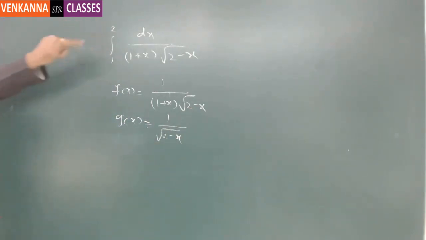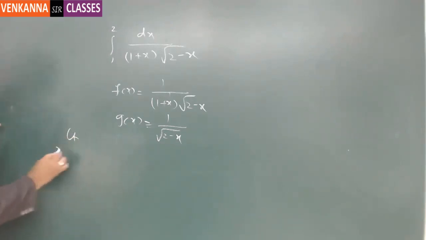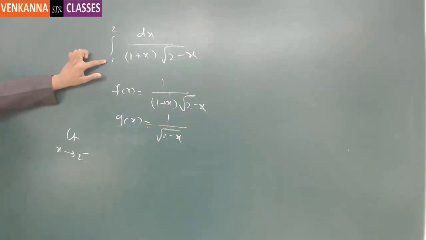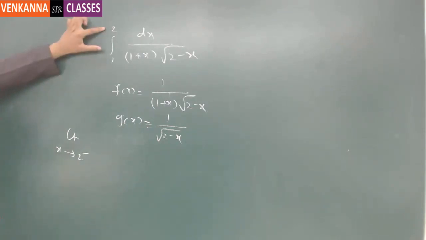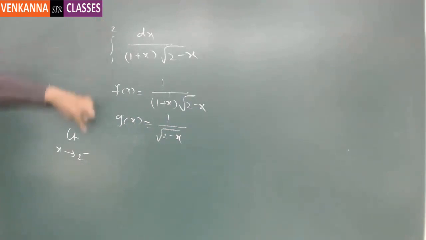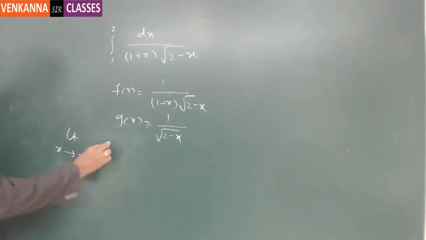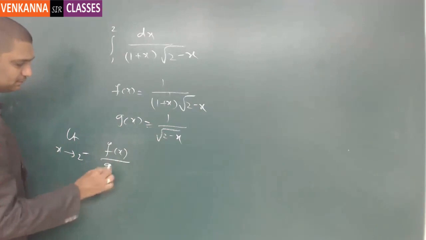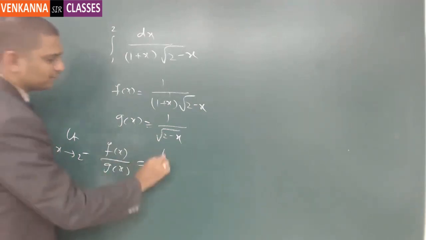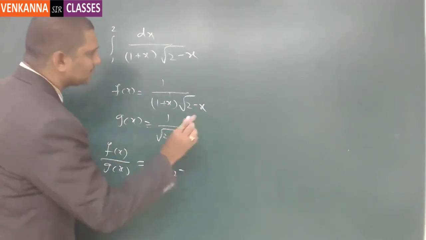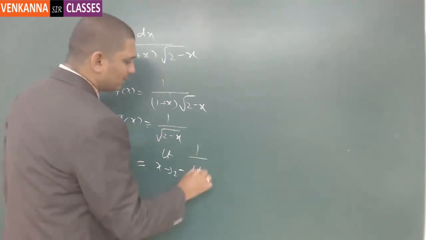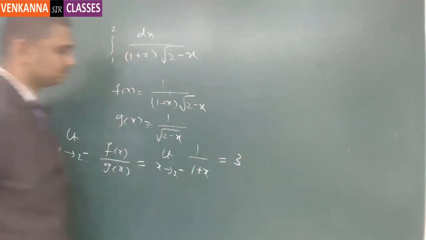So you are going to apply the limit as x tends to 2 minus. For the lower limit, we use the plus symbol in the limit part; for the upper limit, we should use the minus symbol. So f of x by g of x is equal to limit x tends to 2 minus of 1 by (1 plus x), which is nothing but 3.